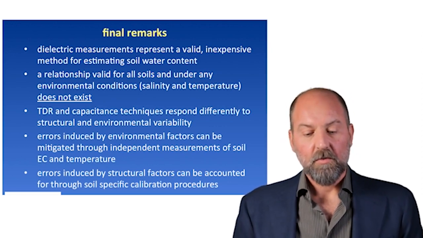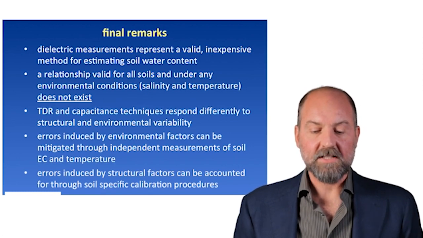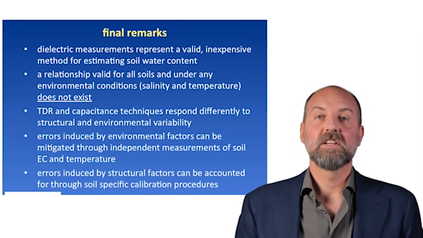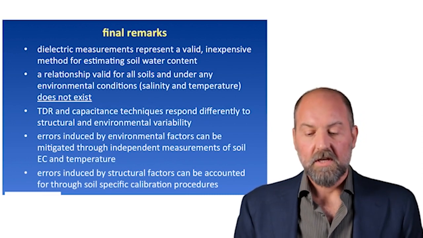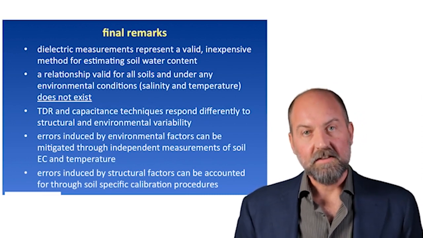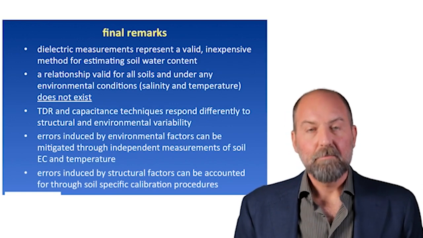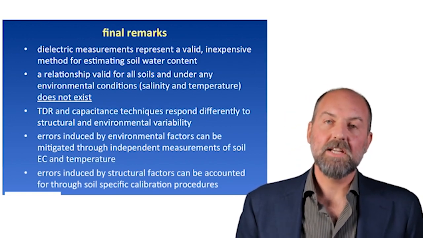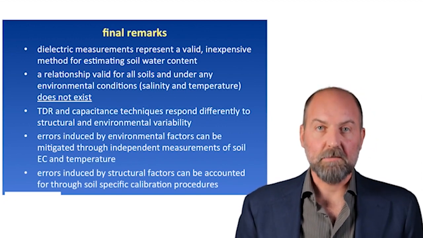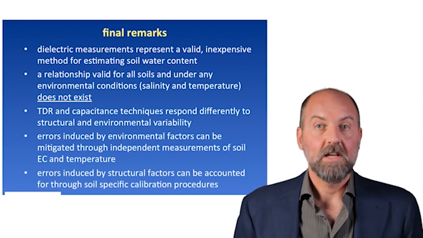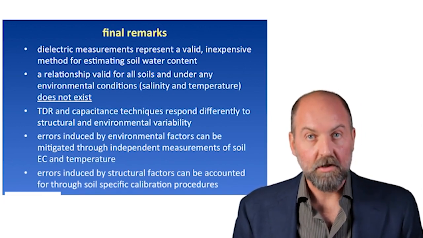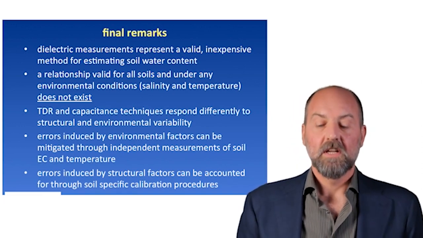And also we have shown that in some cases, especially for the environmental factors, the errors induced by salinity and temperature variability may be, if not corrected, at least mitigated through independent estimates of soil electrical conductivity and temperature, which are in fact available in most sensors.